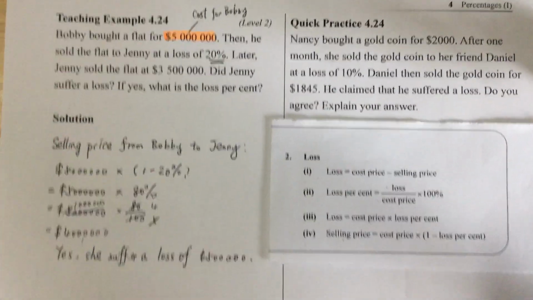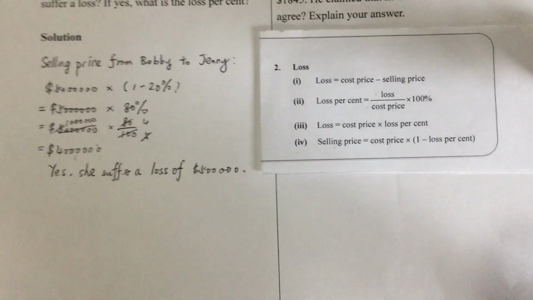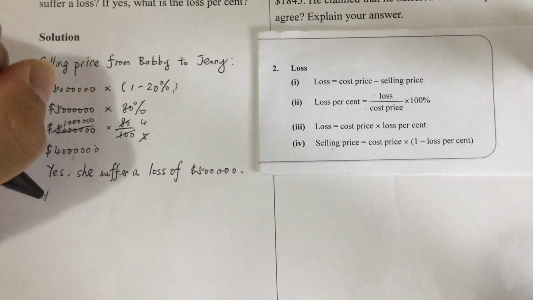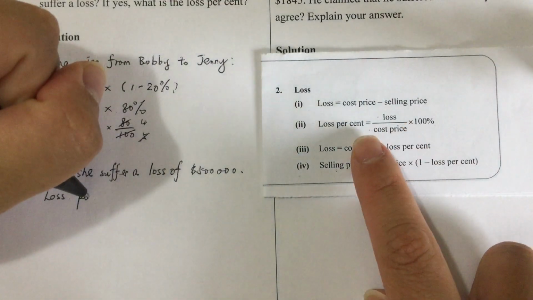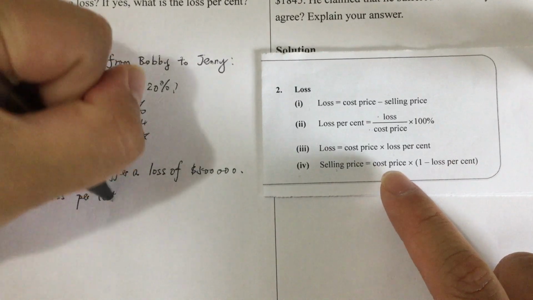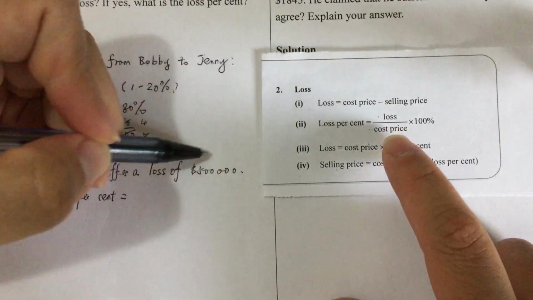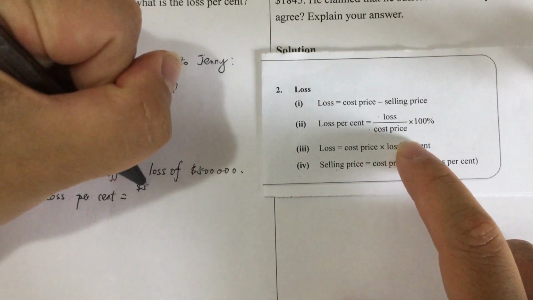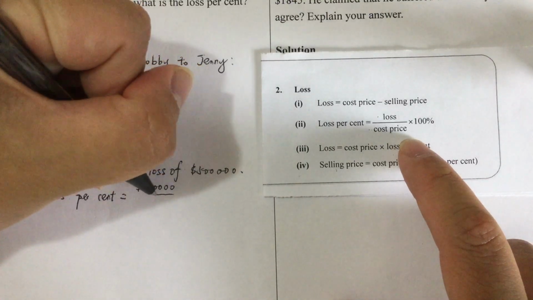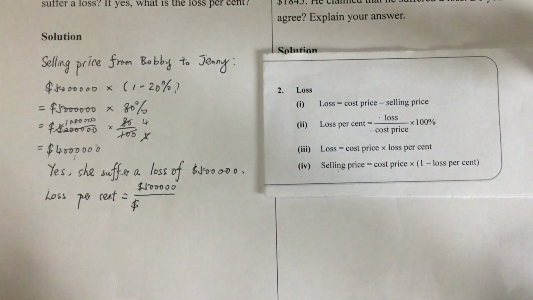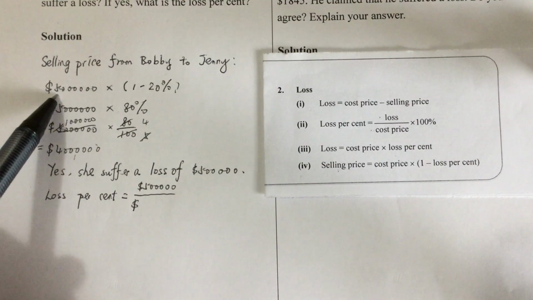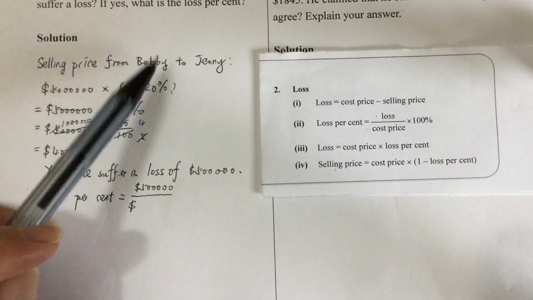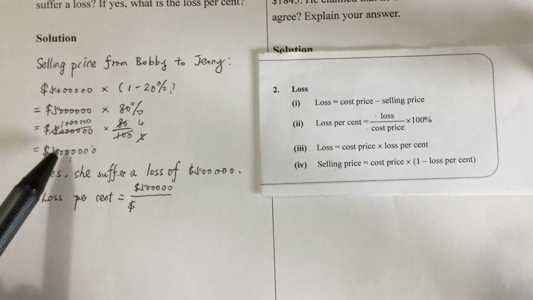Okay, so I move down the camera. Now the loss percent. So also the formula we'll use is the second one. This time it is obvious because the loss is 500,000. I'll put it here. And this time is the cost. Now please pay attention, that is the cost price for Jenny. 5 million is the cost price for Bobby, so the cost price for Jenny will be 4 million.